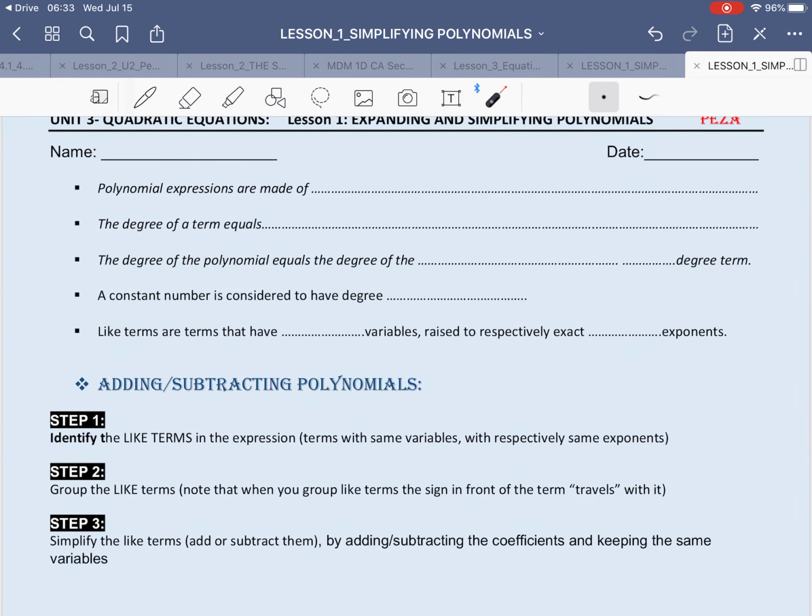Polynomial expressions are made of one or more terms. They're expressed as the sum or the difference of them. And here is an example: 5x squared y plus 3x squared plus 2.